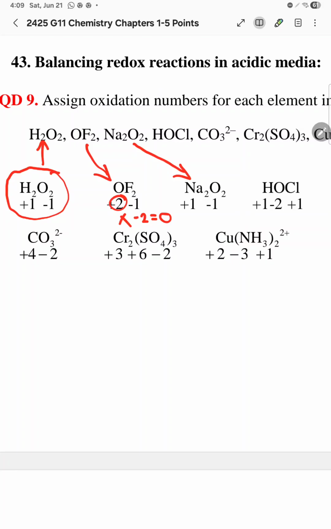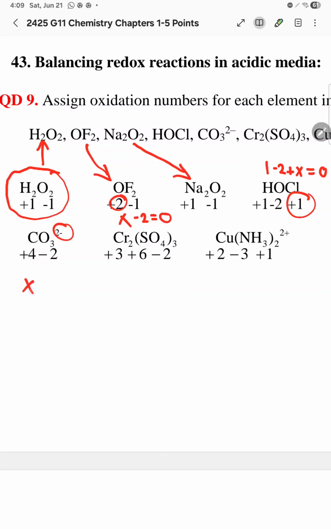Now, HOCl. We know H is +1. We know O is -2. So since we have one of each, 1 minus 2 plus X gives you 0. So 1 minus 2 is -1, -1 plus 1. That's how you find it. We should know these. Now when it has a superscript of -2, that's what you put after the equal sign, not 0.